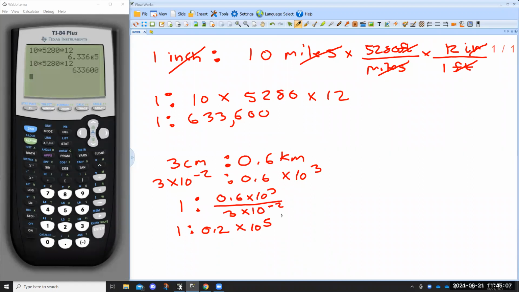So when I change that to standard form, what are they calling it? Maybe not standard form, but ordinary form. 1, 2, 3, 4, 5 zeros in front of it, and the 2.